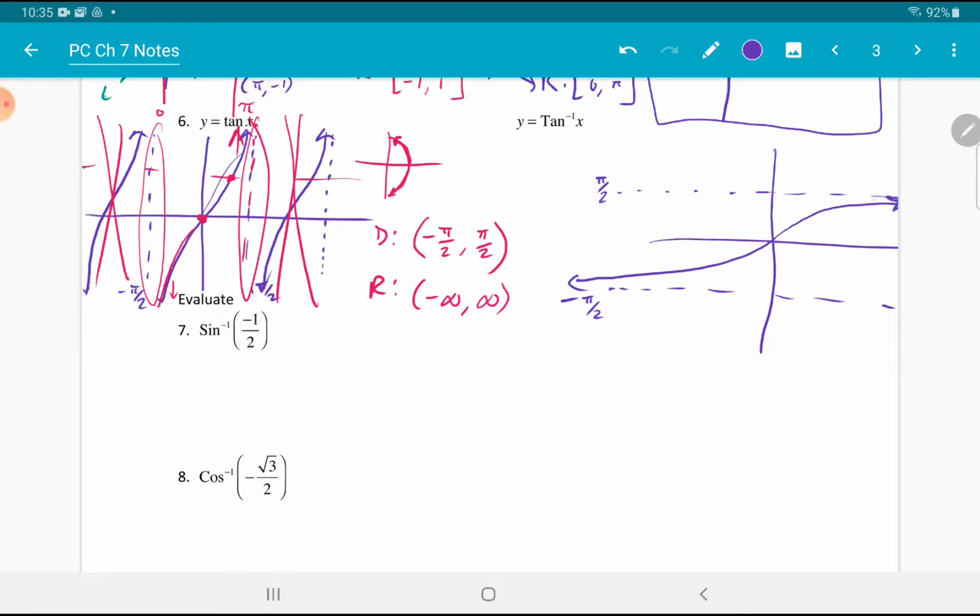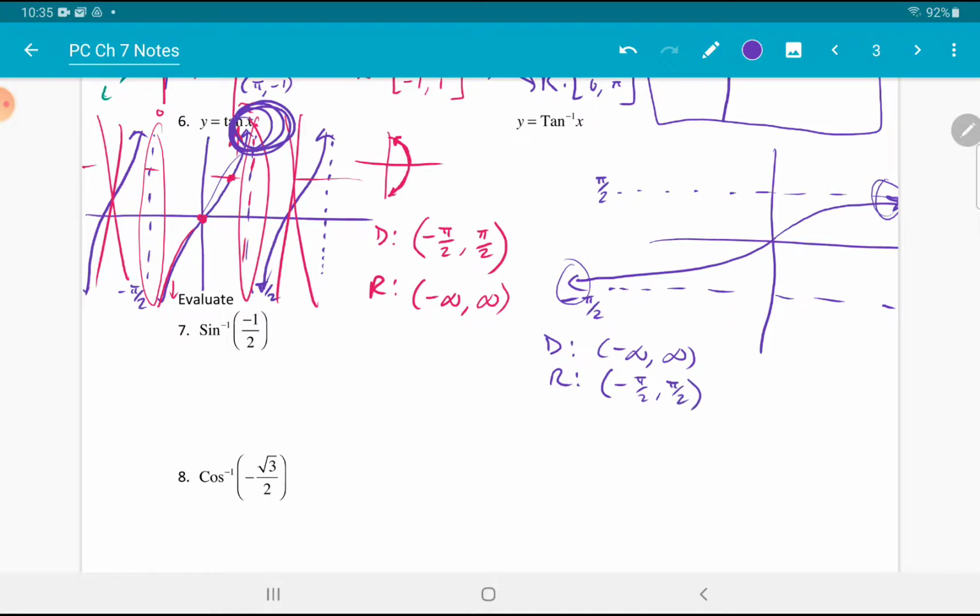Whatever was occurring way up here at pi over 2 comma infinity is now occurring over here at infinity comma pi over 2, and likewise on the other end of the spectrum as well. So as we can see here, the domain for the inverse tangent function is going from negative infinity to infinity, and the range is going from negative pi over 2 to pi over 2, non-inclusive.